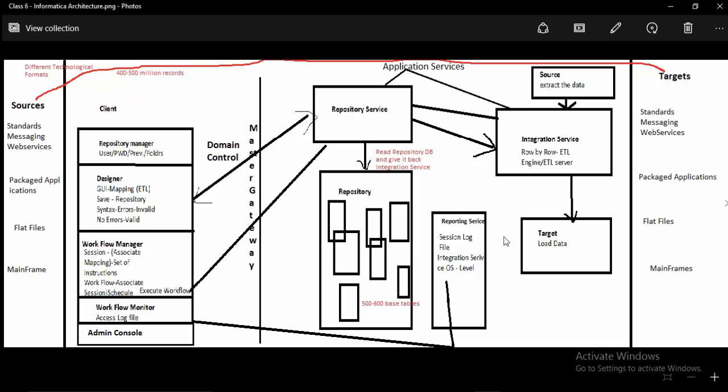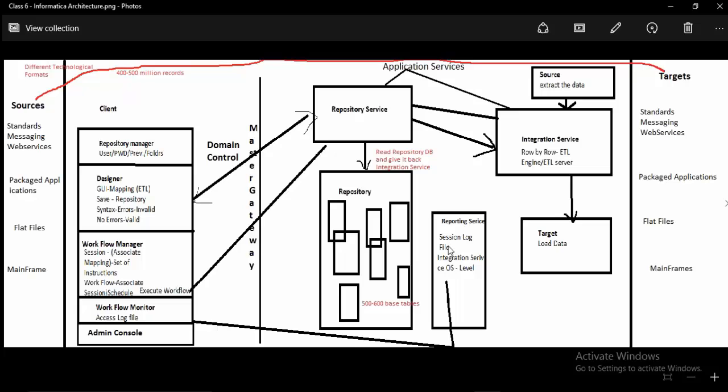But how? By using the reporting service. The reporting service helps you to populate all the data onto your monitor by using workflow monitor, how many records are passed, failed, and everything, in a structured manner. It pulls the data from your session log file. As I told you, all the data is stored under the session log file.